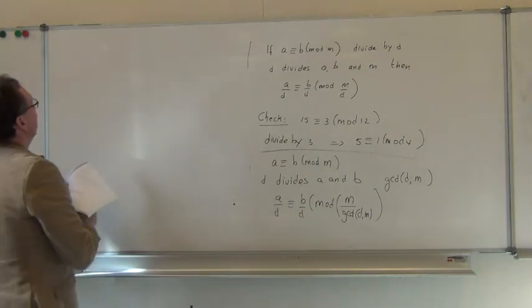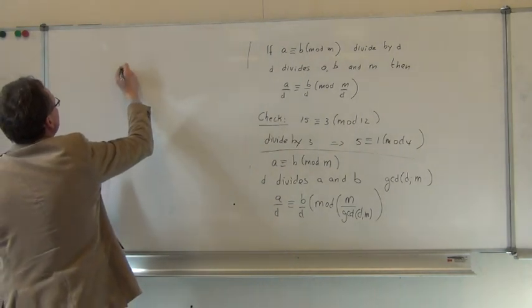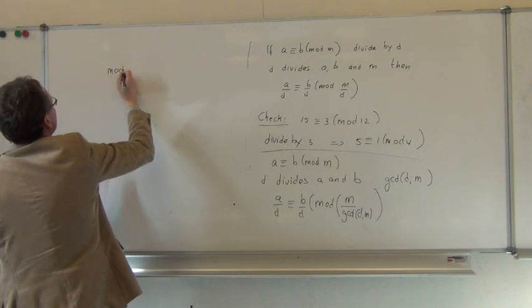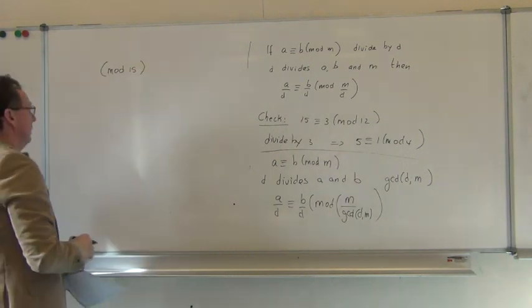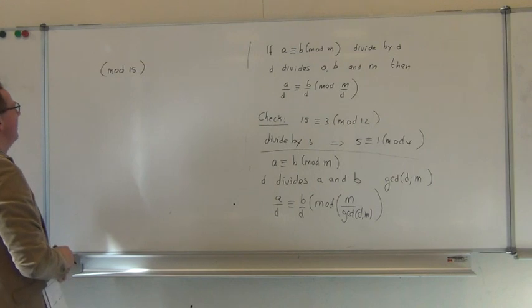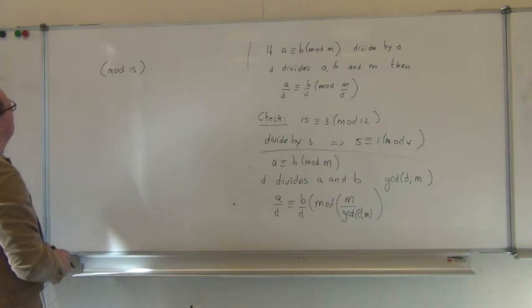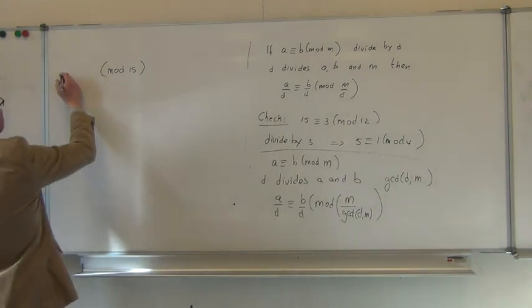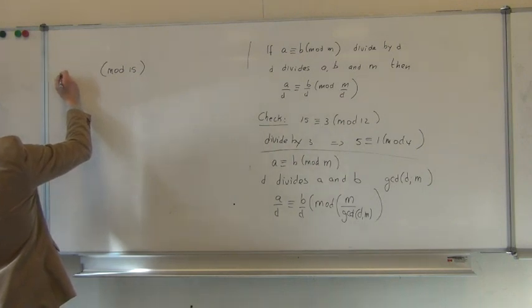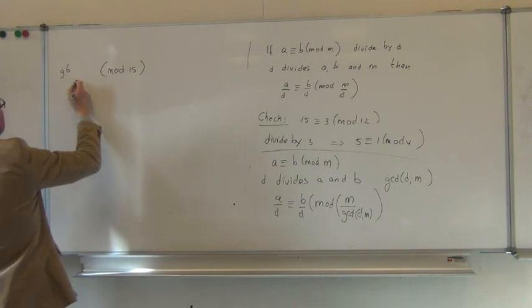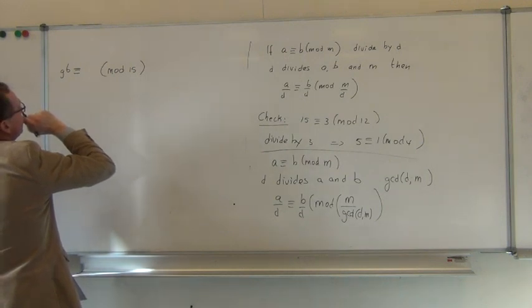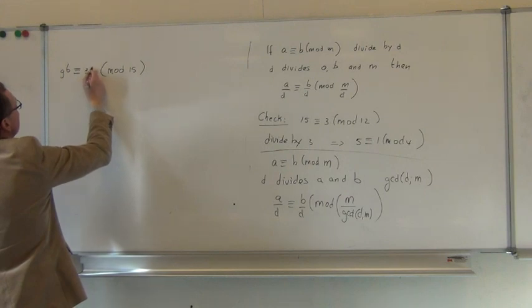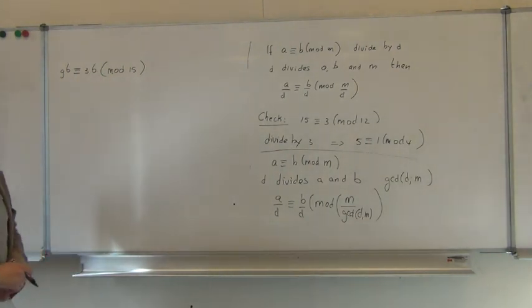Suppose we're doing math modulo 15, and let's say we start with 96 congruent 36 modulo 15.